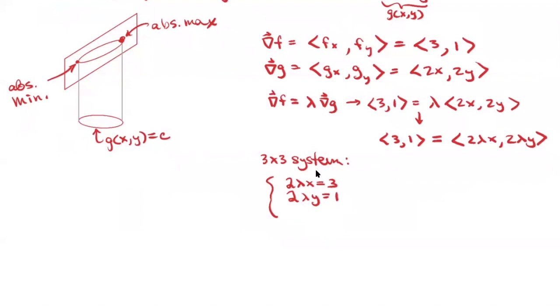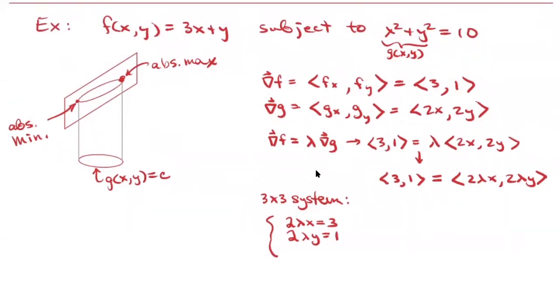And the third equation is the constraint curve. So that's x squared plus y squared equals 10. Any questions?